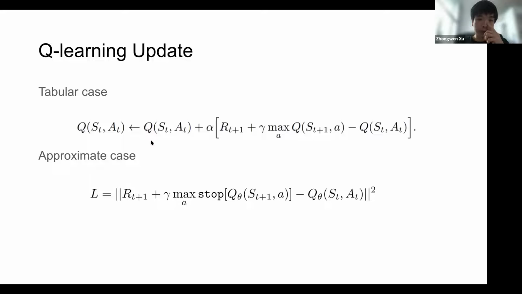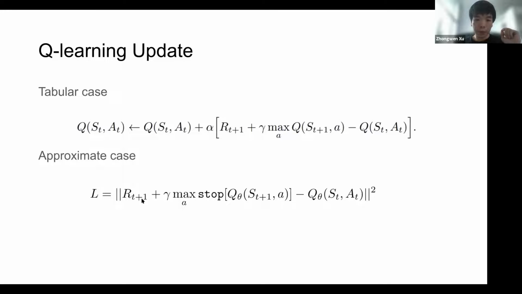So instead of using the direct update rule, in deep learning, to train a neural network, people typically form the update in the form of a loss function. We rewrite this update rule into the loss form, which is again the next time step reward plus the discounted Q values of the next time step, taking the max over the action.